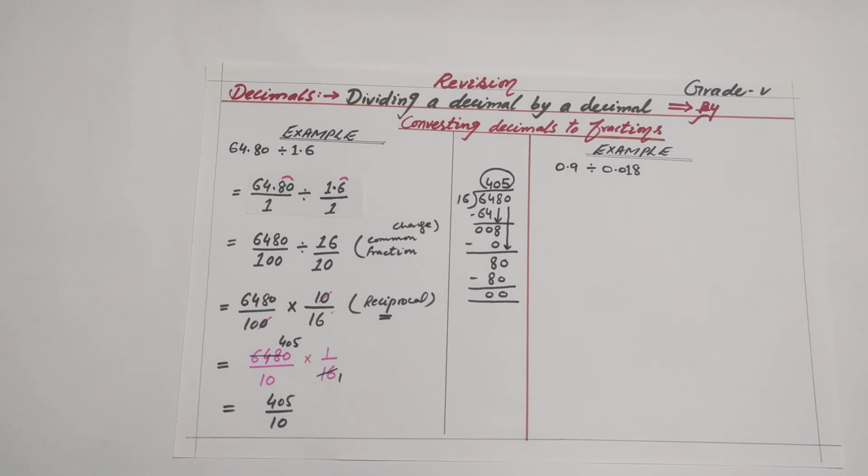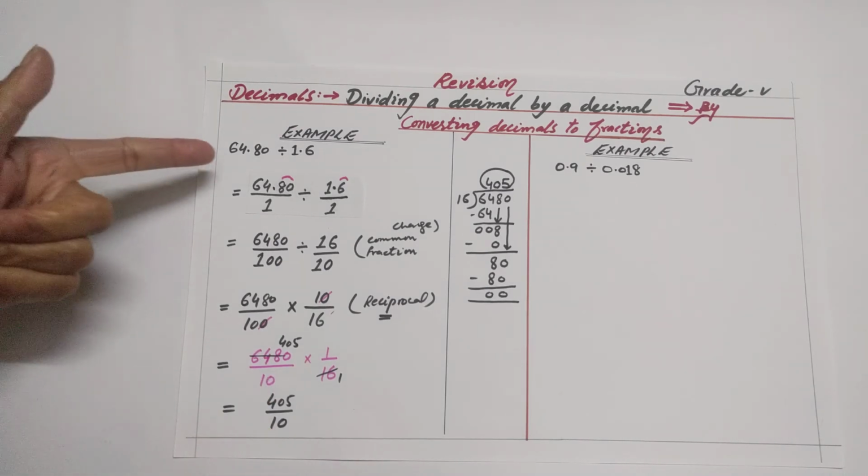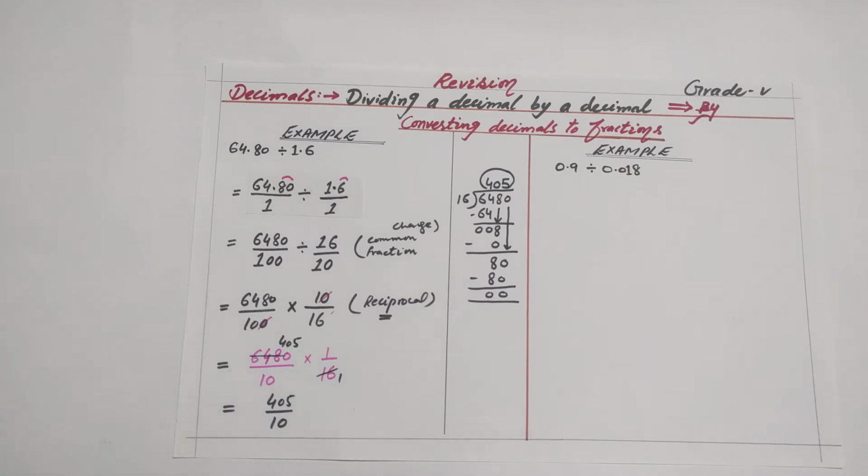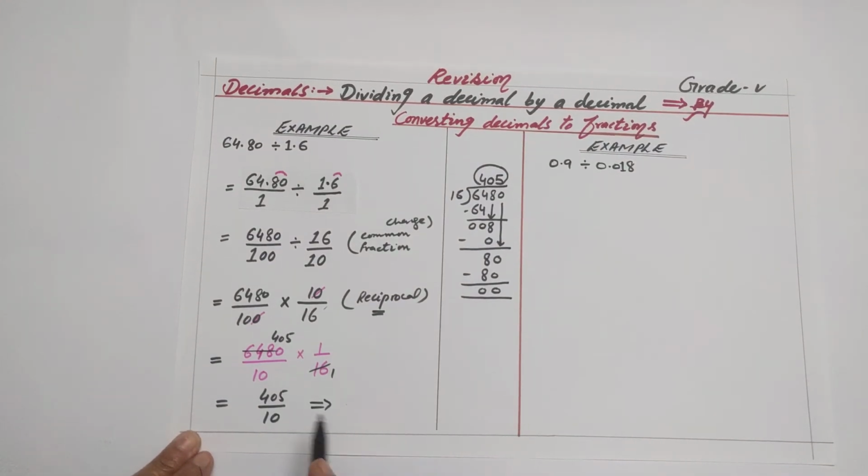Now, as I told you in the class, when we have 10, 100 or 1000 as a denominator, we can easily convert this fraction into decimal form. As our question is also in decimal form, your answer should also be in decimal form. So as 10 is in the denominator, how many zeros are in the 10?